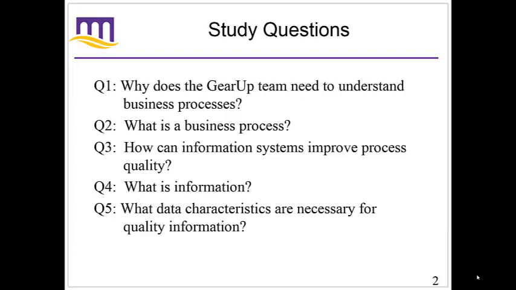The question is, can we make them better? And then we step back even one more step and a little bit more abstract and say, all right, what exactly is information? We're talking about information systems, but what exactly is this information that we're talking about? And what are the characteristics of information that make it high quality? So it's actually quite a bit we're going to dig into here.